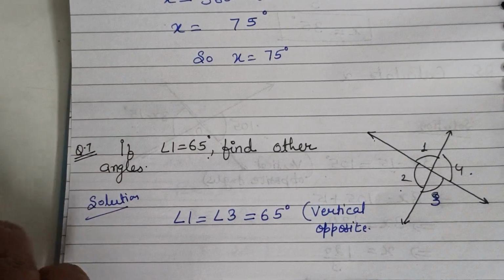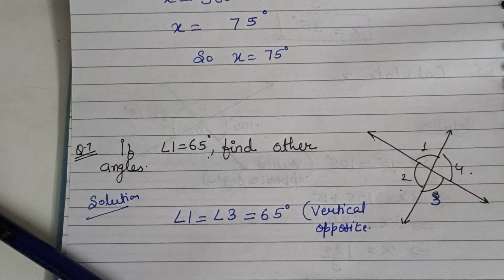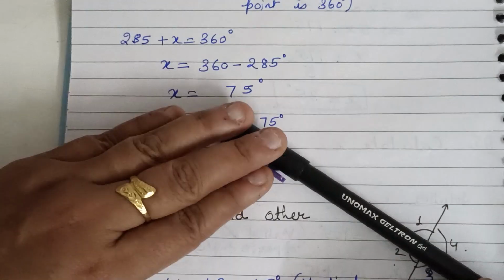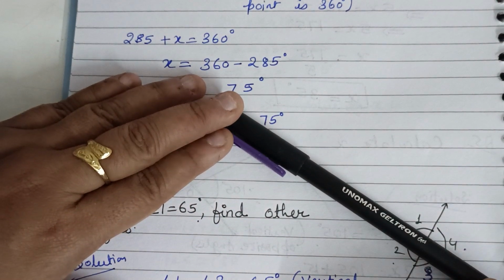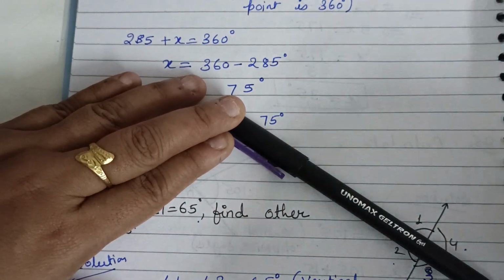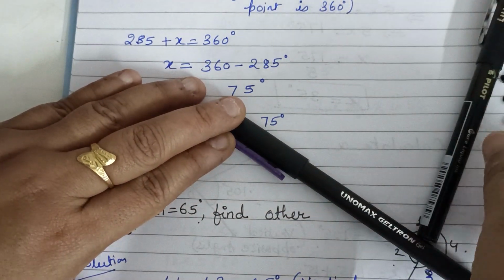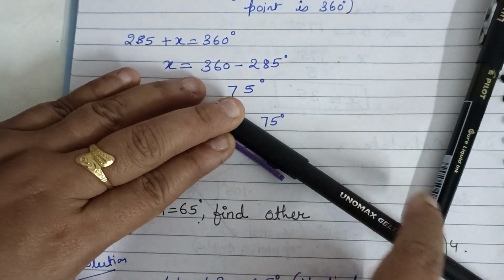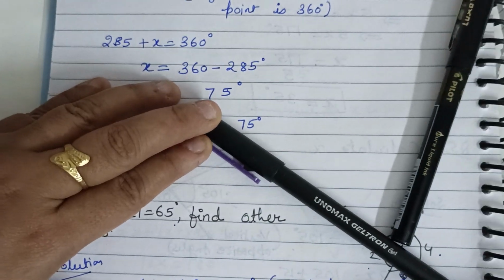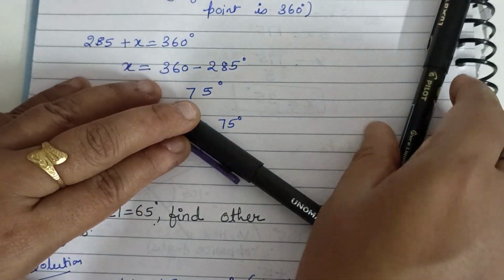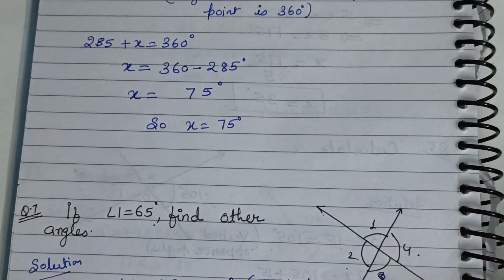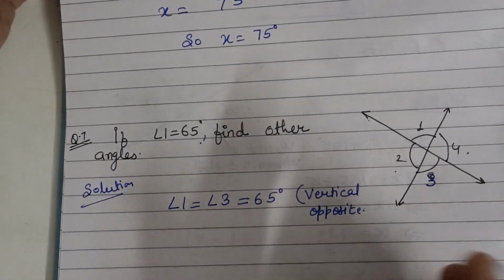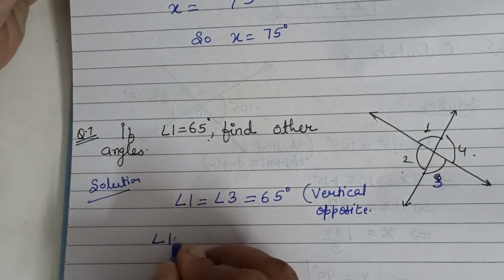Now if you see, I am showing you with the pen. If this pen is kept like this, it is showing one straight line. One more pen I have kept, it is showing that this straight line has been divided into two angle parts. These angle parts are 1 and 4. That means 1 and 4 are forming the linear pair. So the sum of a linear pair is always 180 degree.